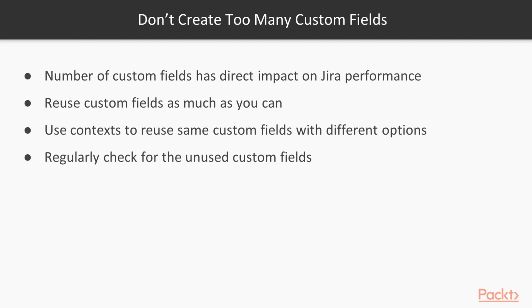If you add a new custom field and after 6 months you realize that no one is actually using that particular field, it can potentially be removed or deleted from your instance. And if you think a particular custom field is not being used anymore, try to move the data from that particular field to some other field and see if you can remove it from your instance.